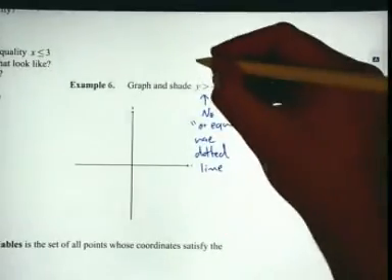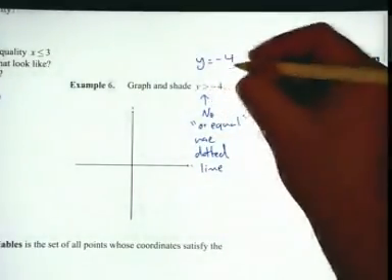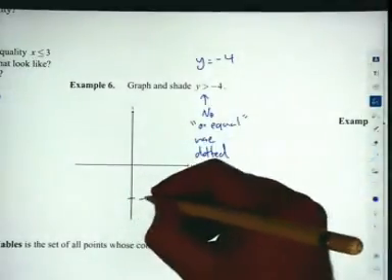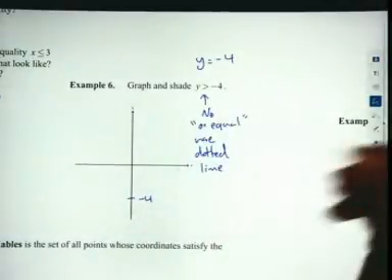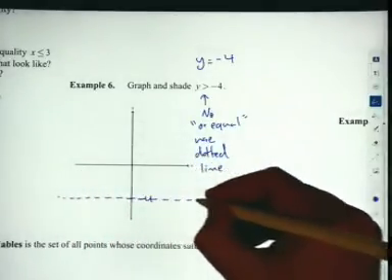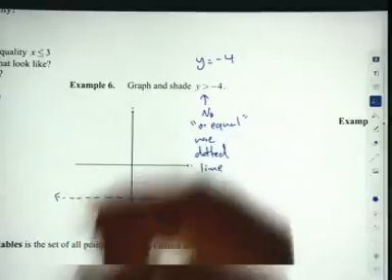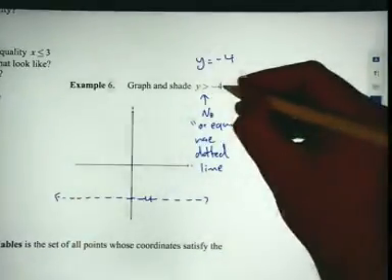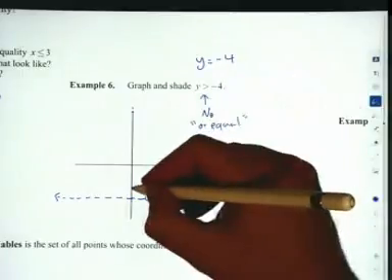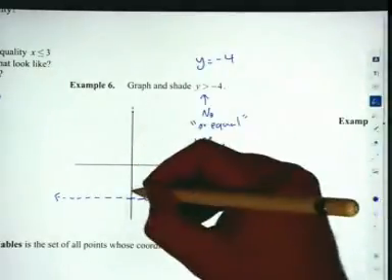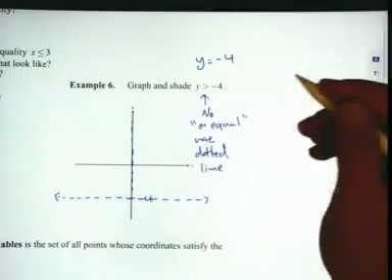Now, what does the line y equal to -4 look like? Well, we have to come down here to y equal -4. And this is going to be a horizontal line. So we're going to draw a dotted horizontal line. Now, what's greater than -4? Well, -3, -2, -1, 0, 1, 2, 3, everything above this.